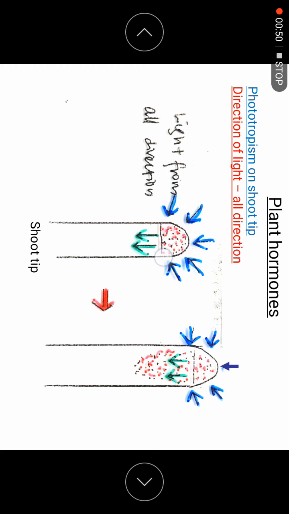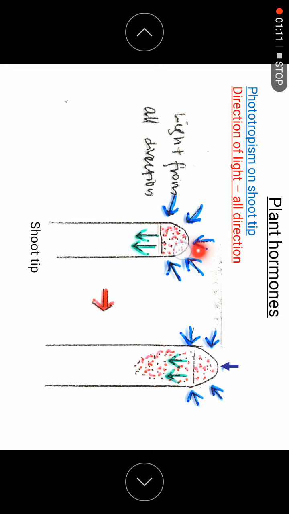Even though auxin needs a high concentration at the shoots to grow, too high is not really good, or it's not stimulating. So it has to reduce the concentration.